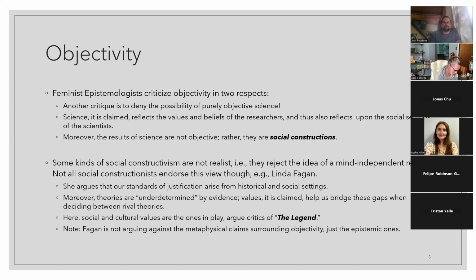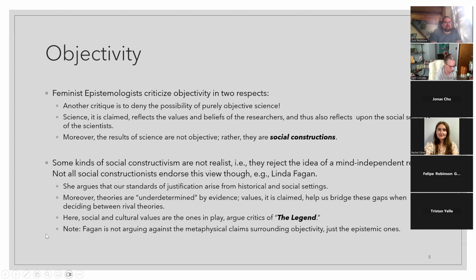So critics of the legend point out that we want science to be objective, but we're dealing with social constructions and competition between theories that are underdetermined by evidence. So values are the deciding factor, and these change from time to time and place to place over the years.